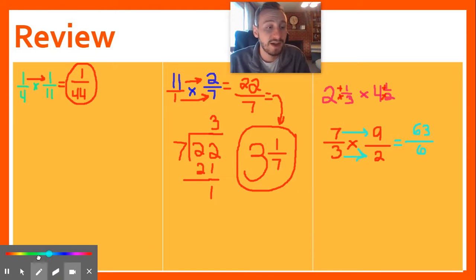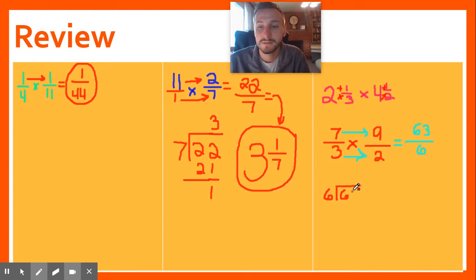So let's divide 6 into 63. So we'll do it right here. 6 into 63. Can 6 go into 6? Yeah. 6 times 1 gives us 6, right? Then you subtract these. 6 minus 6 is 0. And we bring down our 3.